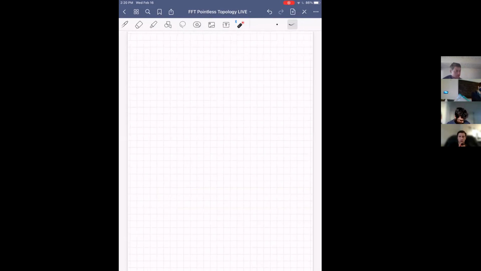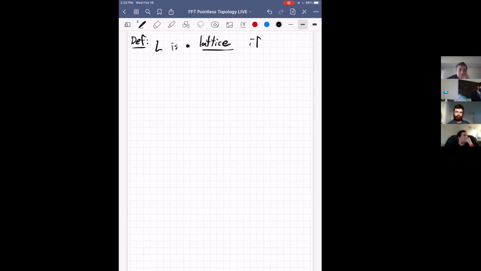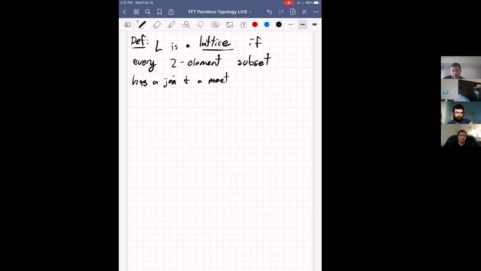And I said we had a bunch of definitions, and I wasn't lying. So L, which is our poset, is a lattice if every two-element subset has a join and a meet, and L is a complete lattice if every S has a join and a meet.